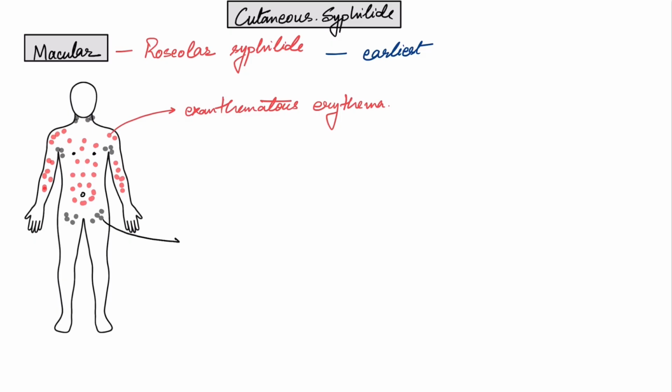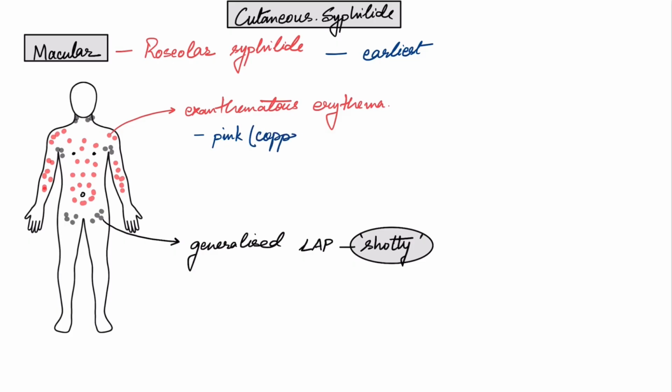It comes as discrete, round, rose pink or coppery, non-confluent, non-scaly eruption which might be pruritic sometimes. It starts on the trunk, especially around the navel, shoulder and flexors of upper limb, and it rapidly generalizes. Palms, soles and face are spared, but might be involved later.